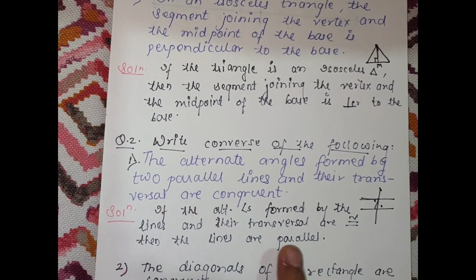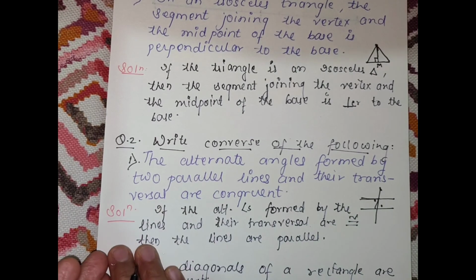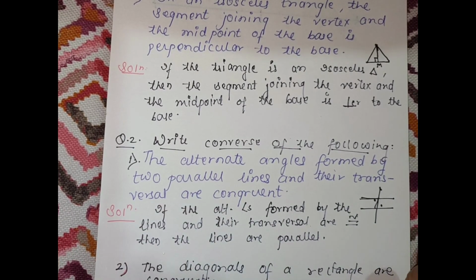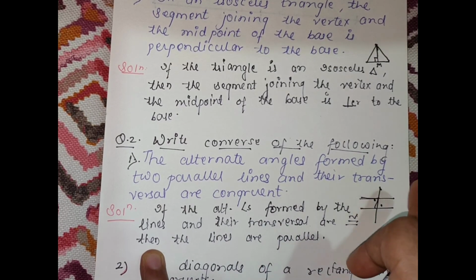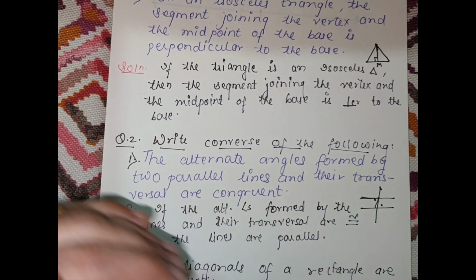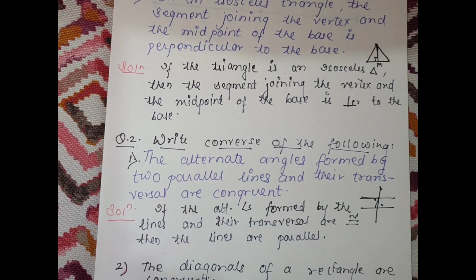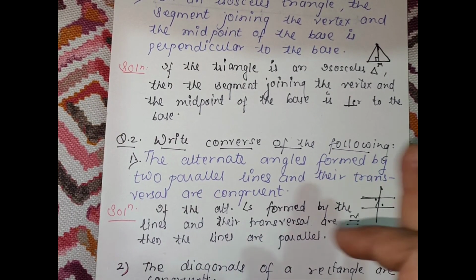This is the converse. Because what was its conditional? If the lines are parallel, then the alternate angles formed by the parallel lines and the transversal are congruent. What will its converse be? The then part goes into if, and the if part comes into then. So this is called the converse.